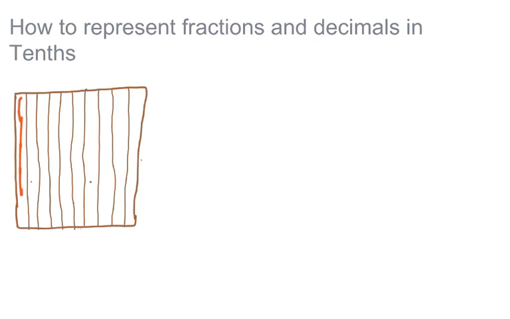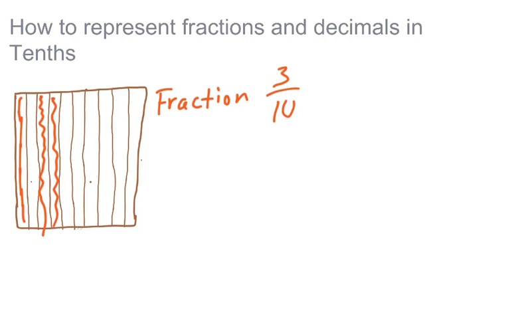So this time, if I shade up here, our fraction is going to be 3 tenths. What about our decimal then? Make our place value chart. Ones, I'm just going to put an O for ones. Decimal.